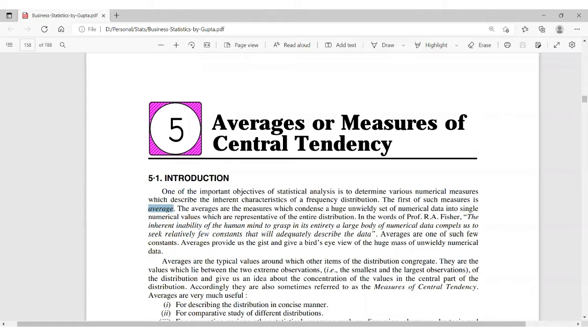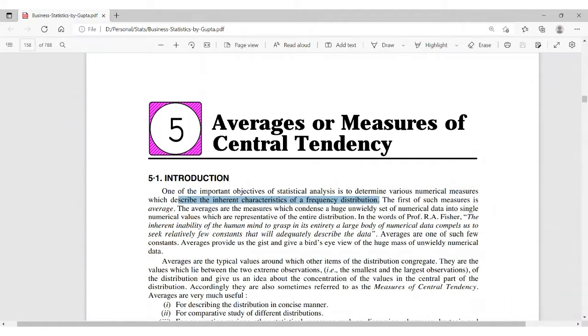Averages are measures which condense a huge unwieldy set of numerical data into a single numerical value, which is representative of the entire distribution.